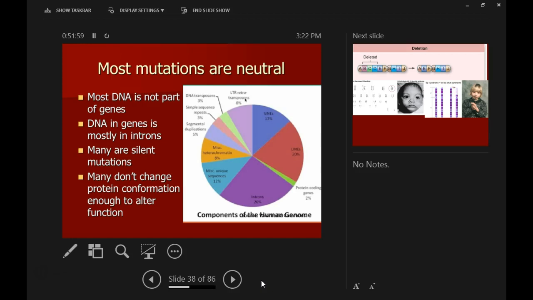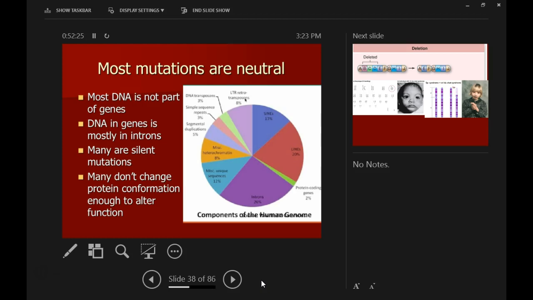Okay? The other important thing is, remember, in a gene, not everything is translated. A lot of stuff is spliced out. So if we look at the human genome, we find that 26% versus 2%, right, is going to be introns, and they're spliced out anyway.